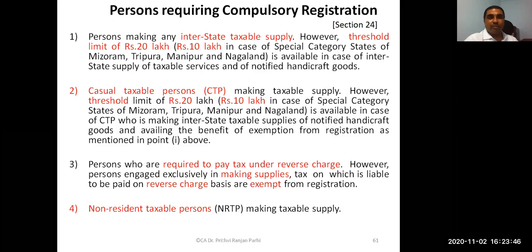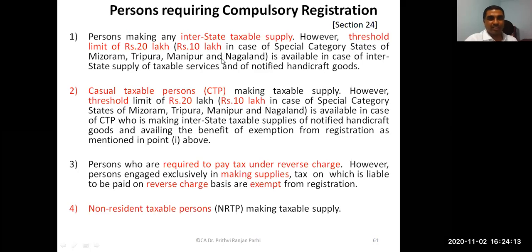First situation is a person making interstate supply. If somebody is making interstate supply, he has to get compulsorily registered. But however, there is certain exception to that: the threshold limit of 20 lakh. That means only when it crosses 20 lakh, then he has to get himself registered. And 20 lakh will be read as 10 lakh in case of special category states of Mizoram, Tripura, Manipur, and Nagaland.